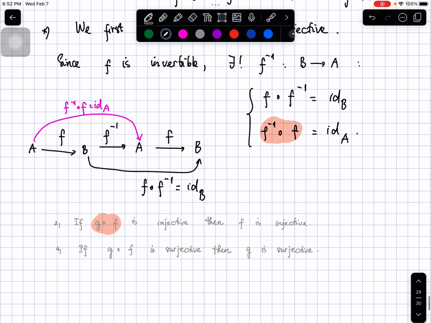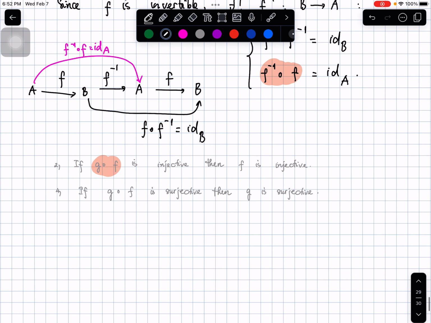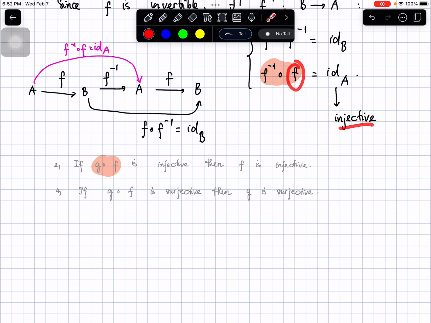This is bijective. So in particular, this function is injective. And f inverse composed with f is injective, then f must be injective.